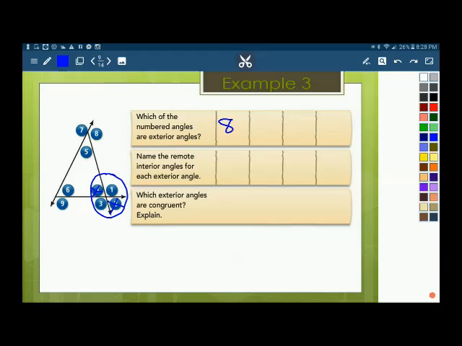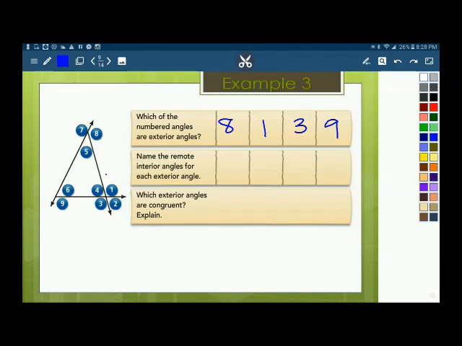That's what I was talking about in the last example. It's made up of 2 extensions. So the other 2 exterior angles are going to be 1 and 3. And then lastly, in this intersection here, 6 is definitely an interior angle, so the only exterior angle there is 9.